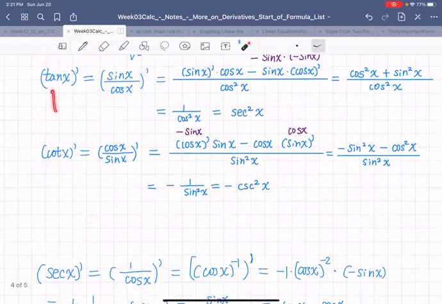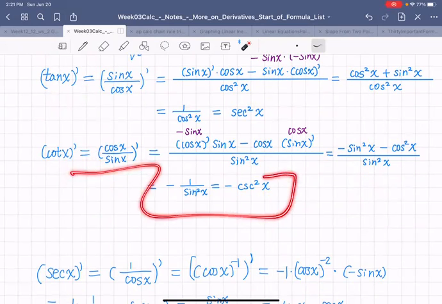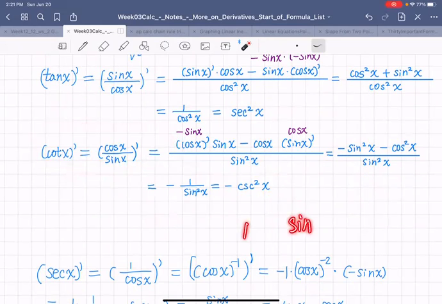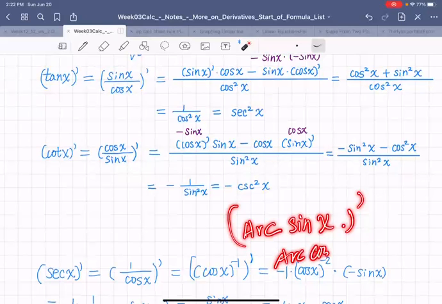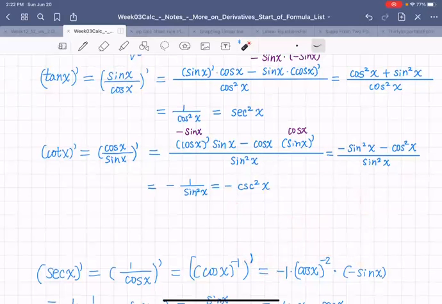We want to make sure everything we learn here, you can do by yourself, because we will learn the arc sine x derivative, arc cosine x derivative, arc tangent, arc cotangent, arc secant, arc cosecant derivatives, okay? Those formulas are really important.